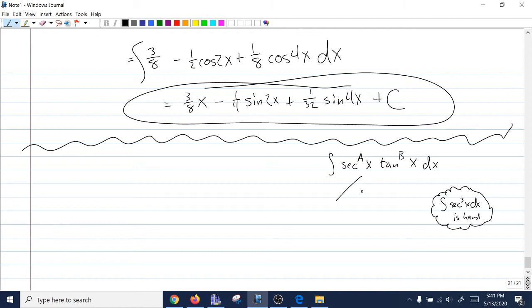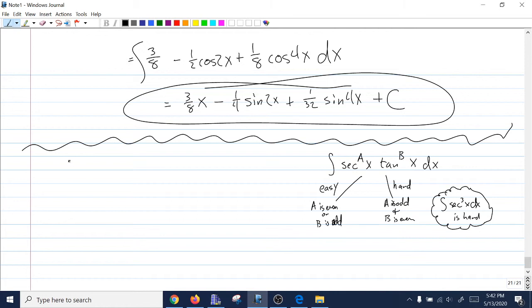So just like sine and cosine, it splits into 2 cases. There's an easy one and a hard one. I have written down in my head that integral of secant cubed is hard. The hard case is when A is odd and B is even. That's the hard version. If A is even or B is odd, that's the easy version of this case.